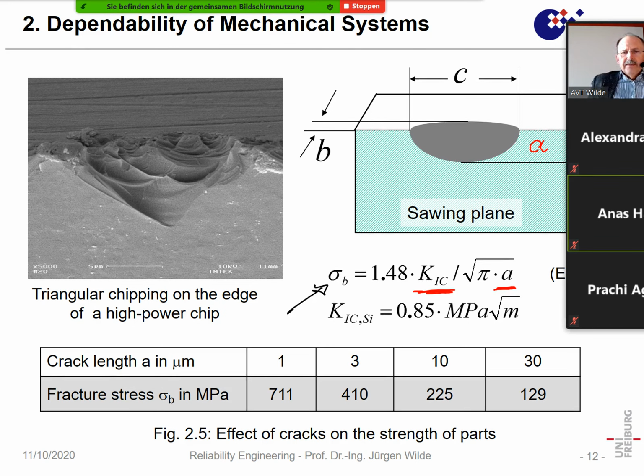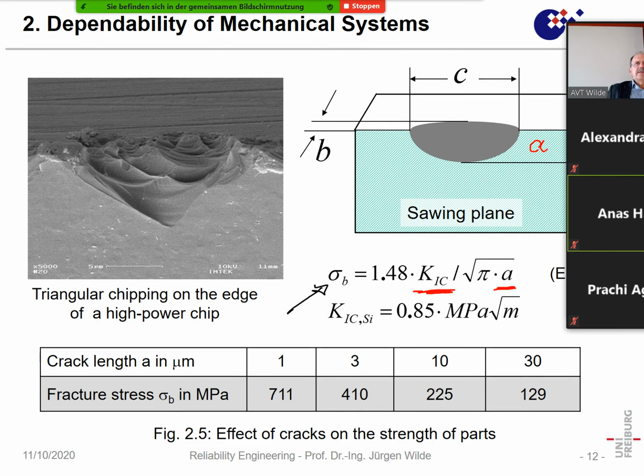So that means silicon can be very strong. When it has no cracks at all, you can go to strengths of several thousand megapascals. But on the other hand, when you have a defect which is 30 micrometers, you are in the order of a stress of 100 megapascal, and 100 megapascal is a stress which can typically occur in assembly and packaging.